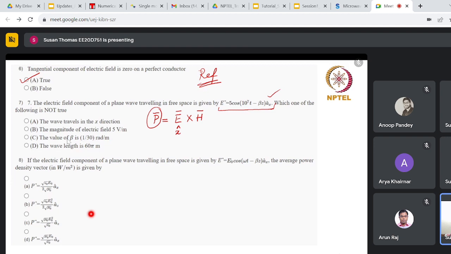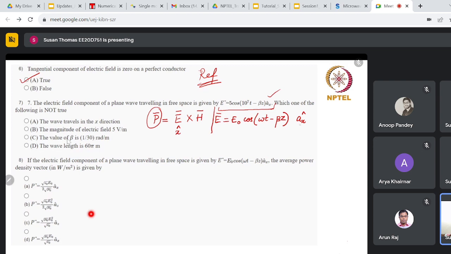But looking at the equation, you can understand. So this is of the form vector E is equal to E naught cos of omega t minus beta z, into Ax cap.